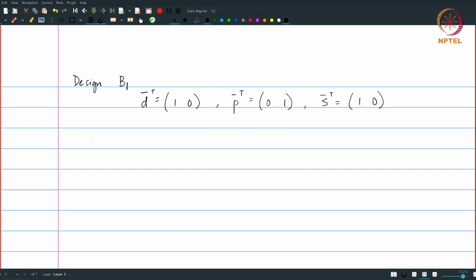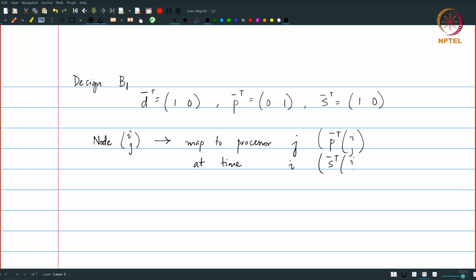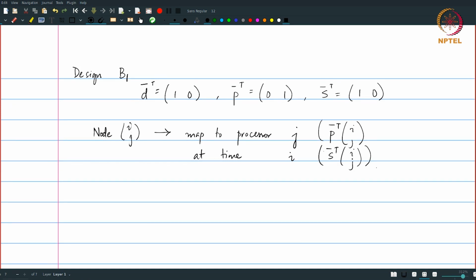Once again, I have the same thing. Node ij will map to processor j, right? That is to say P transpose into ij at time I, which is S transpose into ij.